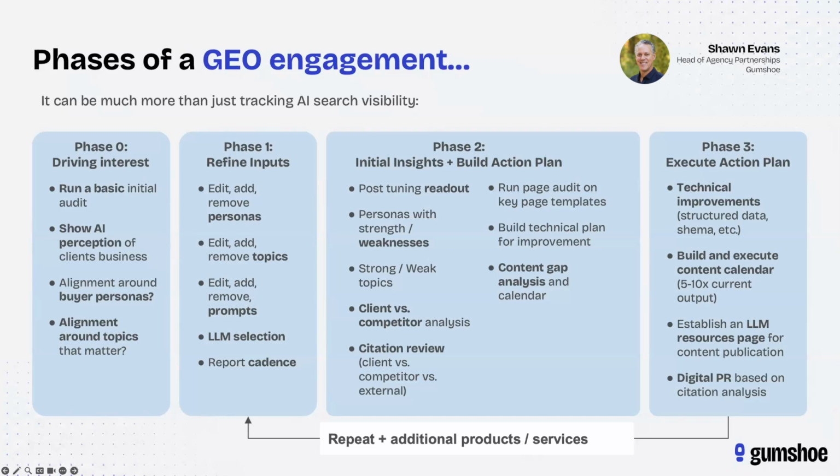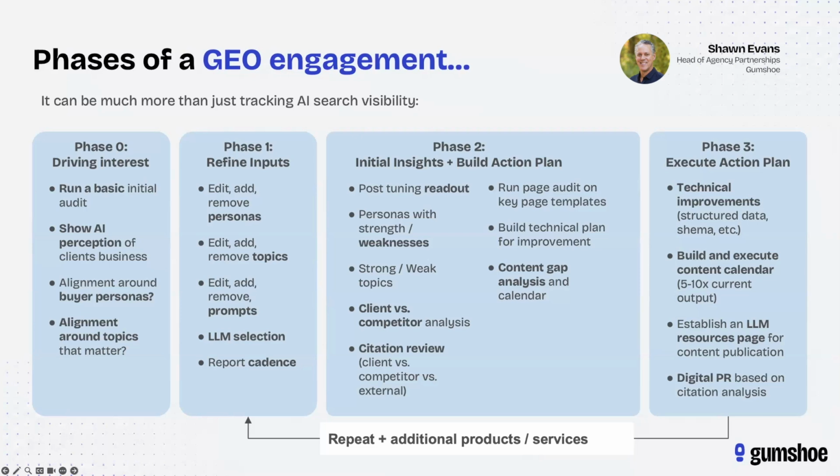Maybe there's a new product or a new service that they're rolling out or thinking about moving into. Those are all things you can think about in customizing the topics, the personas, or the prompts. And then which of the models are they focused on? Maybe they're not focused on every single model that's out there. So maybe there's two or three or four different models that they want to hone in on, where they feel like their customers are likely leveraging those models today.